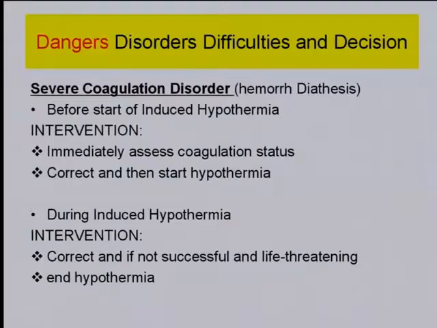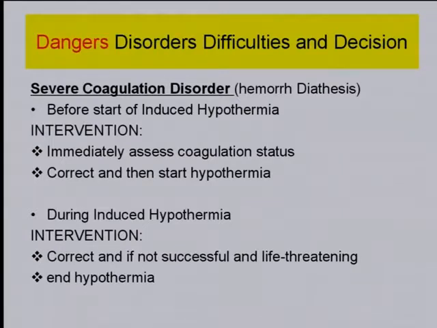Another danger which was always pending in hypothermia was that it would cause severe bleeding and irreversible damage to the brain by severe bleeding. So, if you have severe coagulation disorders before you start induced hypothermia, you would first immediately assess the coagulation status, and you would correct the coagulation status before and then start hypothermia.